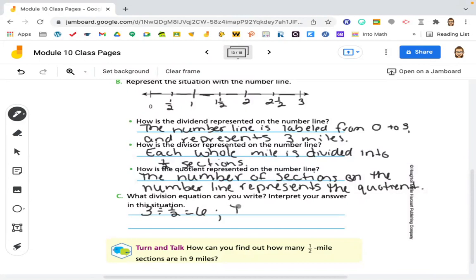And that would mean the trail has 6 sections named after birds.